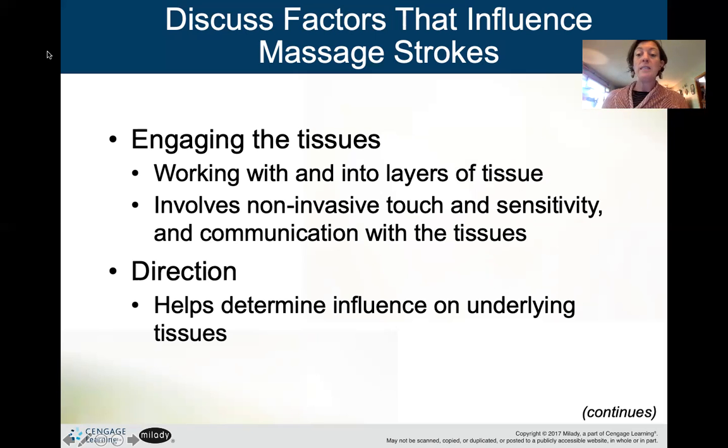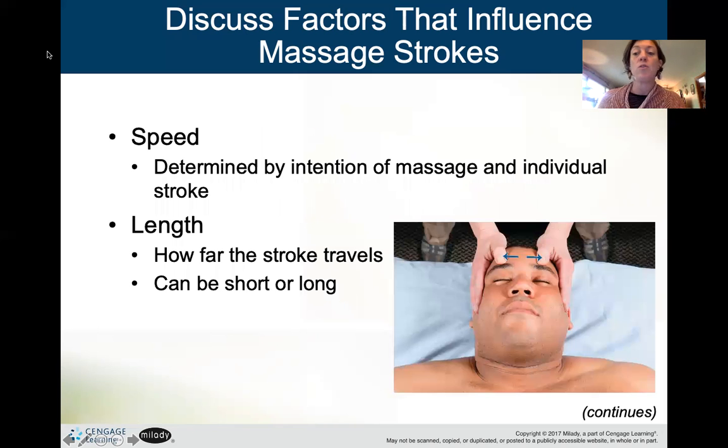So the direction is going to influence the reaction. You definitely go towards the heart, and thus towards the lymph nodes, when you're trying to reduce swelling. So which direction you move across the body will affect how well that stroke does its job.